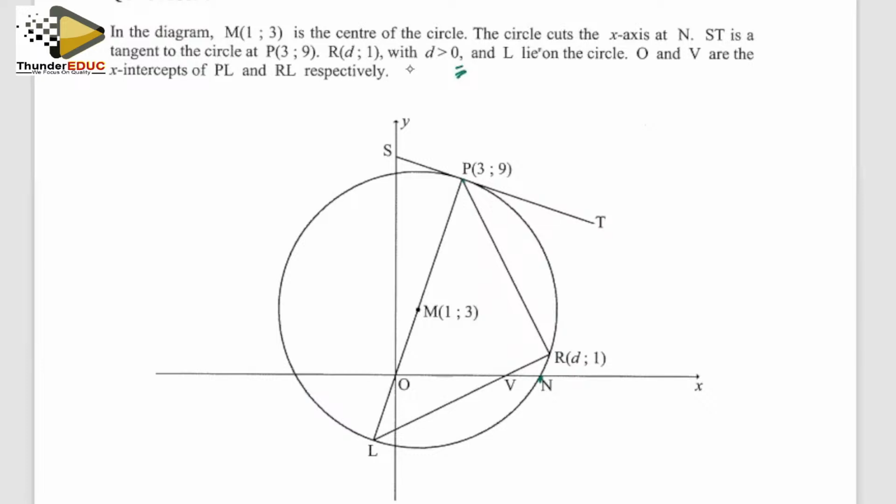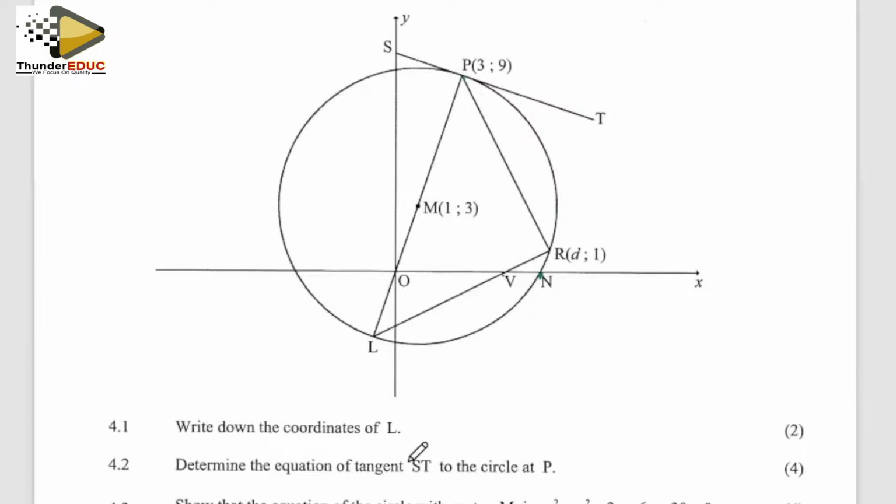L lies on the circle. O and V are x-intercepts. PL and RL are drawn, and they want us to get the coordinates of L.